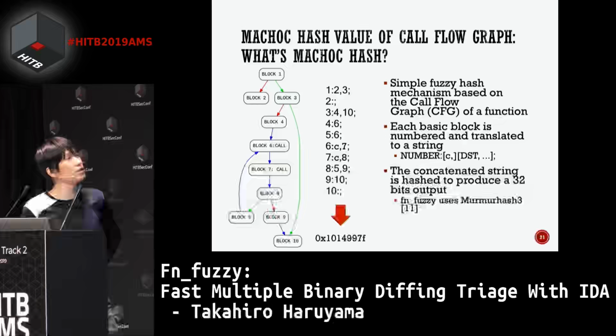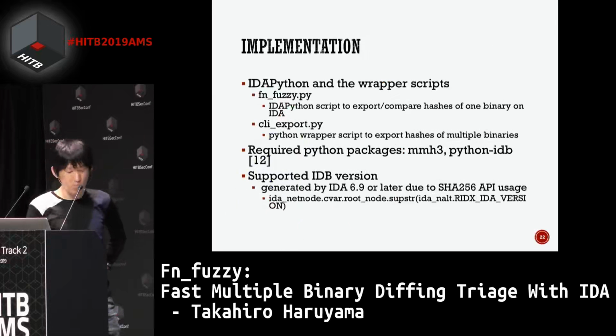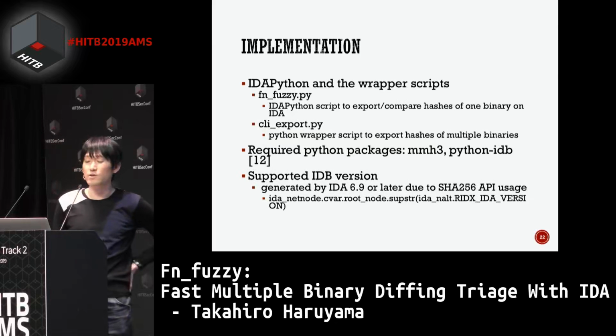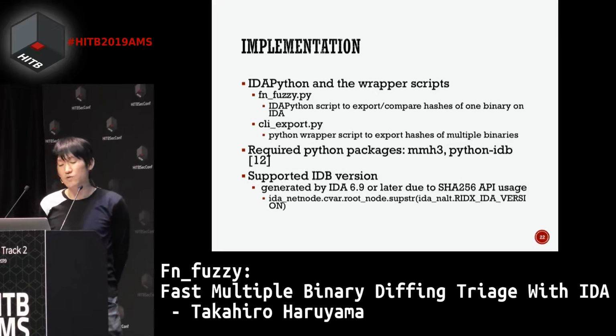FN Fuzzy uses mmh3 to produce the 32-bit hash value. I implemented FN Fuzzy with IDAPython and a wrapper script. FN Fuzzy is an IDAPython script to export or compare hashes of one binary on either GUI. CLI export.py is a wrapper script to export hashes of multiple binaries.